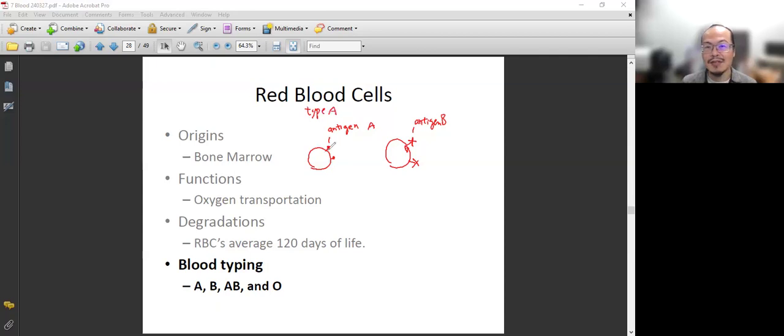Blood type A. You can have your antigen B. We call it type B person. You can have your red blood cell with both. You're just lucky to have both genes. So you can have your antigen A as well as your antigen B.